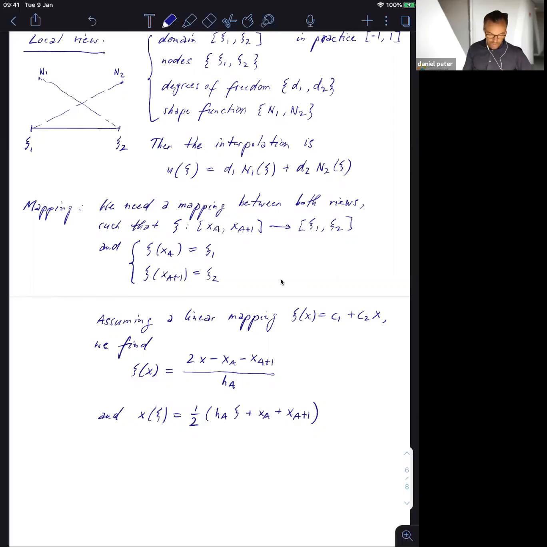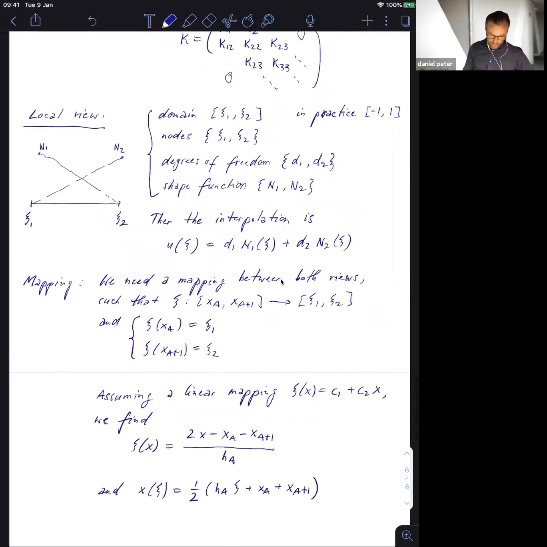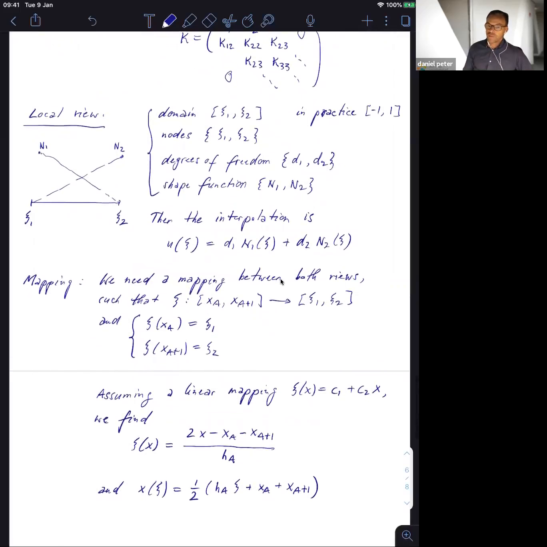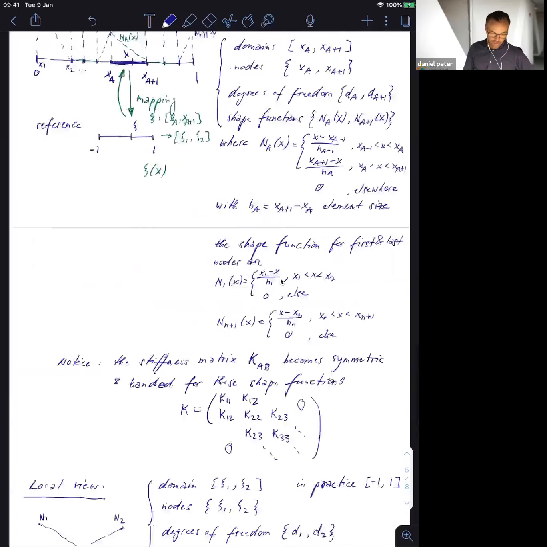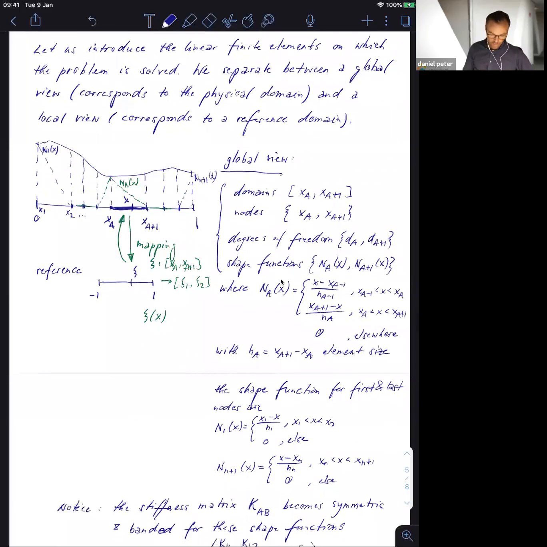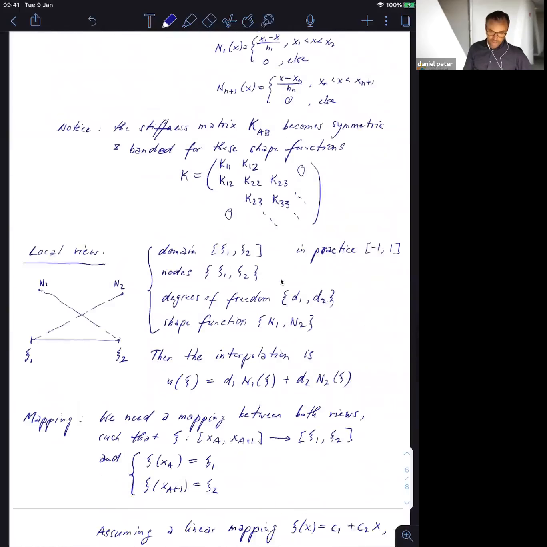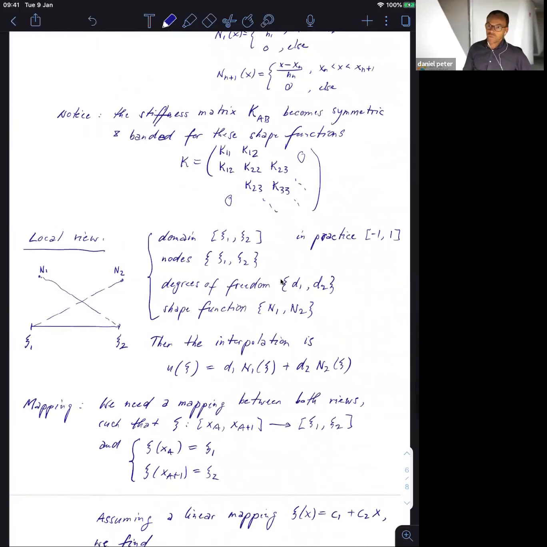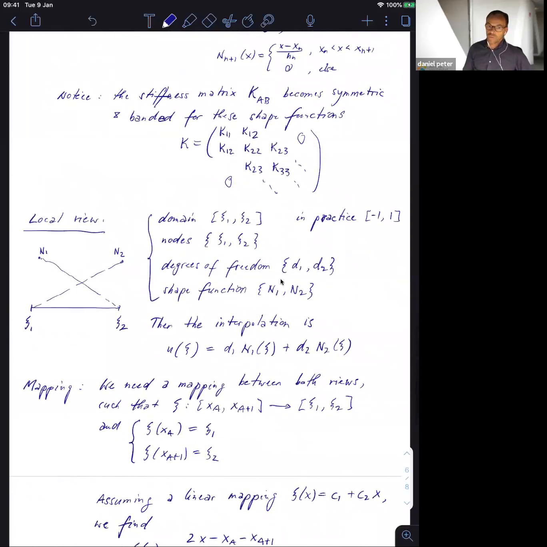Once we have that mapping, which is a simple linear function that determines, given a position x, what the position in the reference element is, we're going to compute these stiffness terms within the reference element, because here the shape functions are always n1 and n2, always the same within this range.